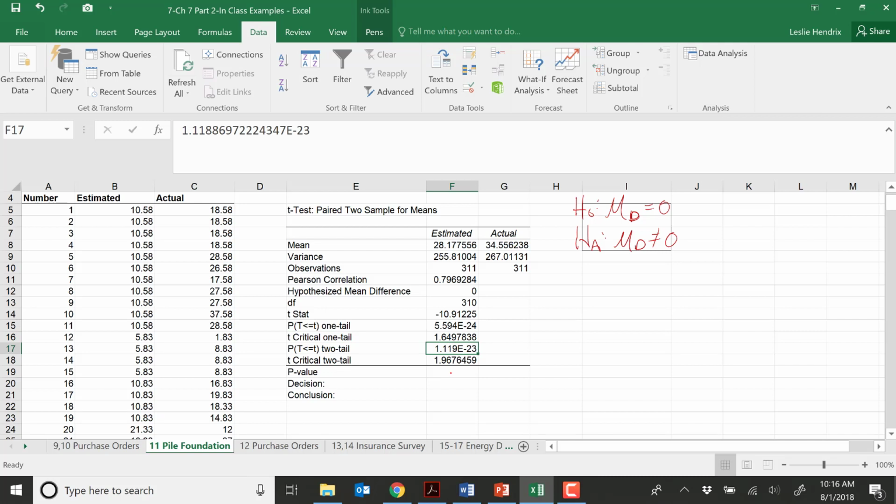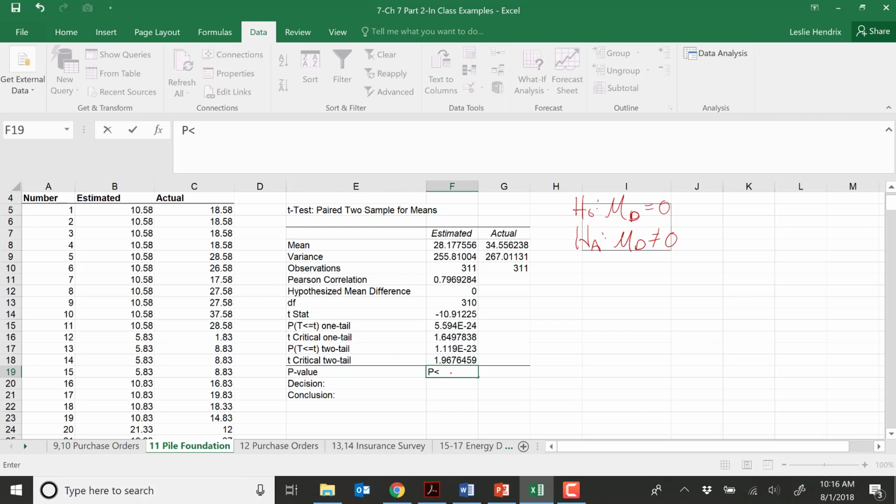This 1.119e minus 23 stands for 1.1 times 10 to the negative 23rd. So we'd have 22 zeros after the decimal place before we got to a 1. So in practice, the way that we would typically report that is that p is less than 0.001. That's our way of saying it's really, really tiny.